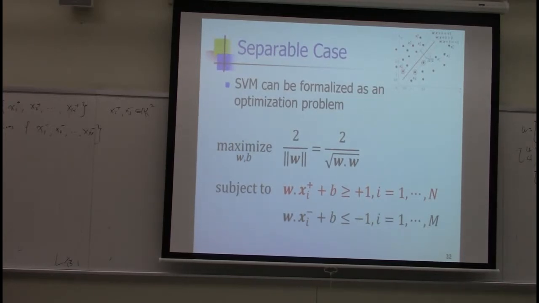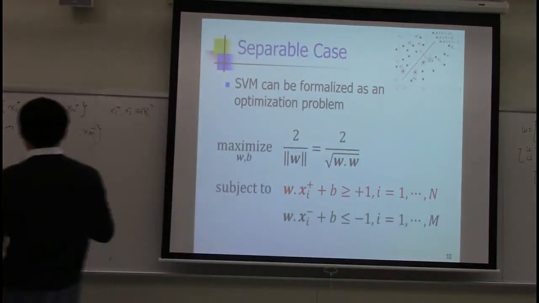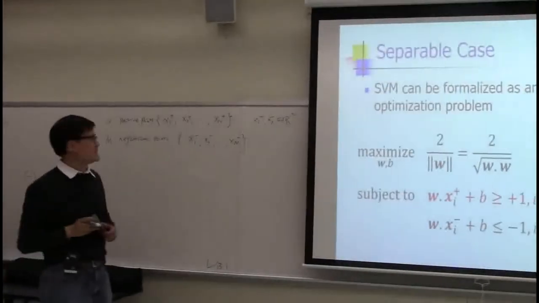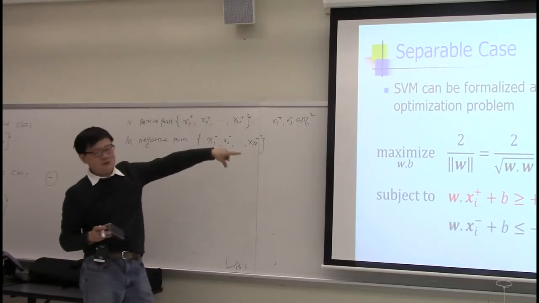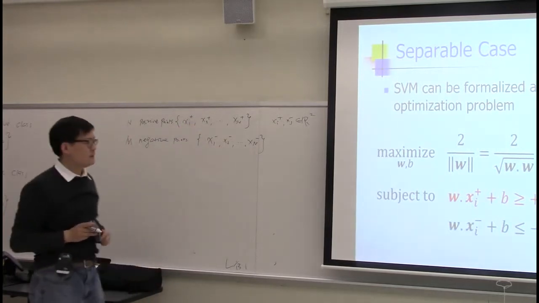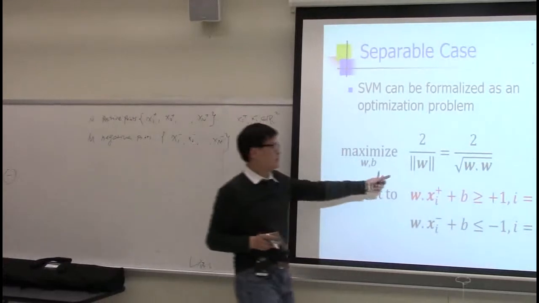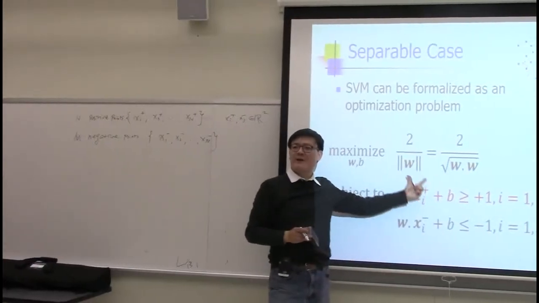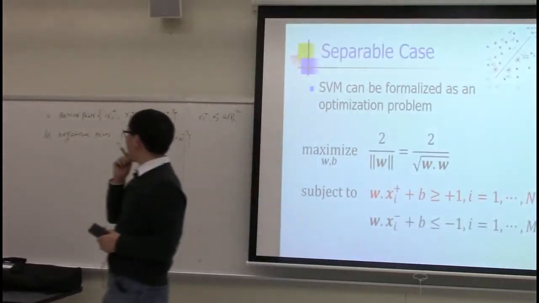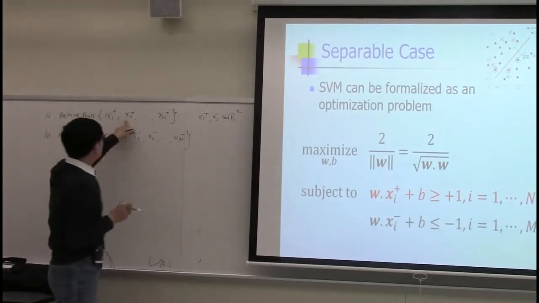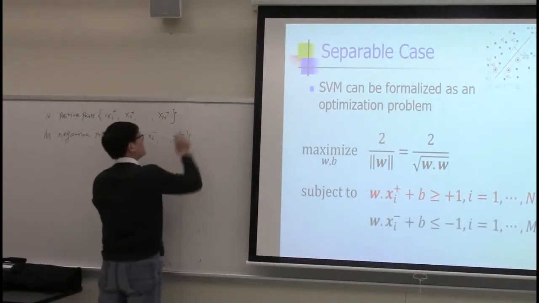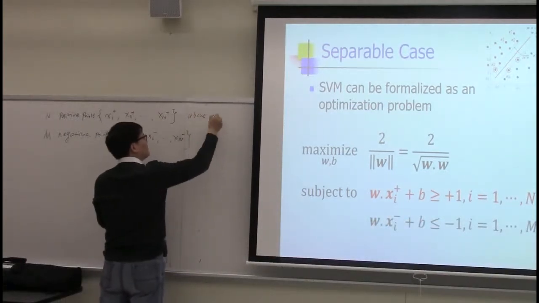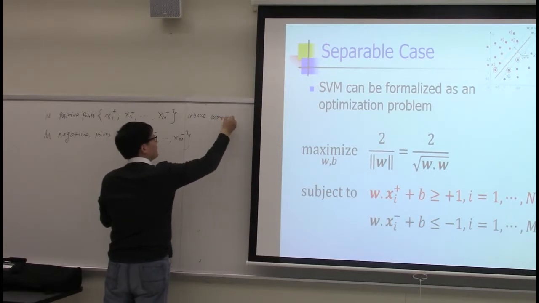And so in order to find the best line separating these two classes, with the maximum margin, right? We can formulate this as an optimization problem. Because this is the margin, right? I want to maximize the margin, and I want to make sure all these positive points are above w dot x plus b equal to 1.